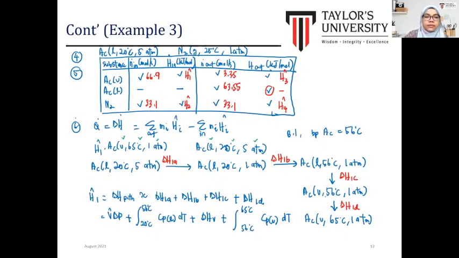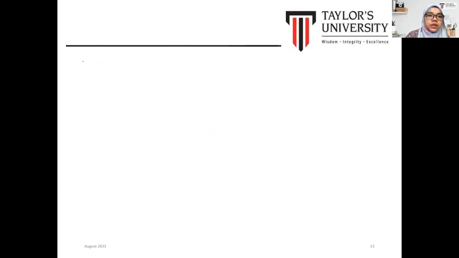And then to solve it, for example, delta H1A is V delta P. V here, you may refer to table B1 for acetone. So we have delta P from 580 to 180 mmHg.